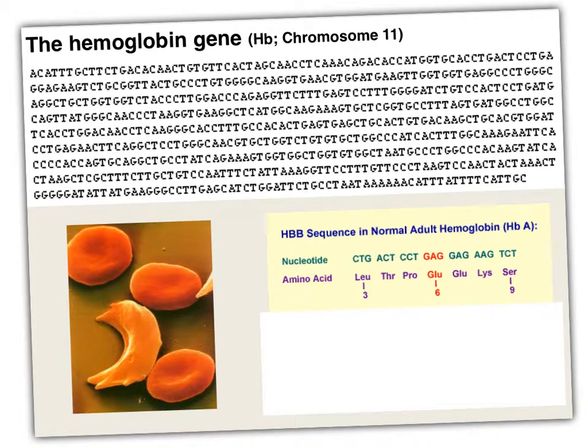You start out with, let's say, TCT, that's serine, AAG is lysine, GAG is glutamine, GAG is also glutamine, and so on. Well, that's the normal sequence. At the center of the hemoglobin is an iron molecule that has a high affinity for oxygen.